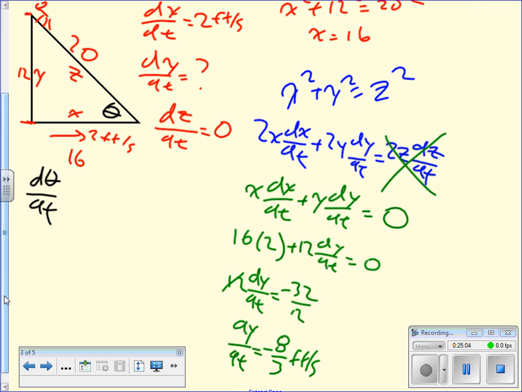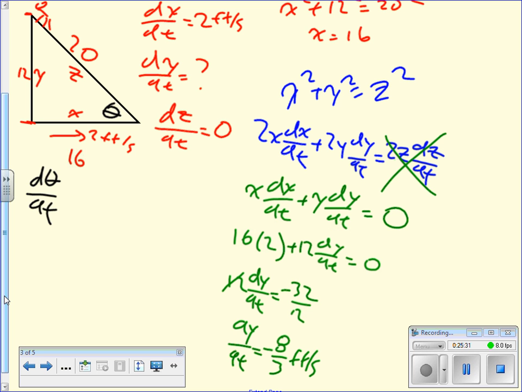So we need to come up with an equation that relates the angle to the sides. Whenever possible, you want to use given information, not found information, and you want to use easy information, not hard information.